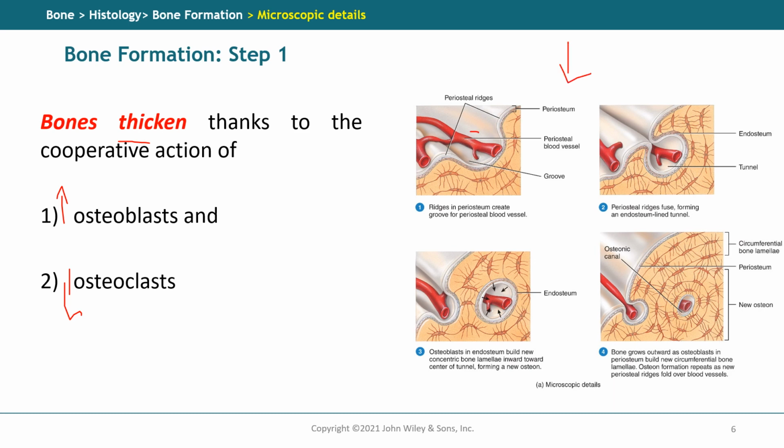This blood vessel that you see here is going to go inside of the bone and become a new central canal, and that section is going to form an osteon, and you will need to form new circumferential bone lamella that will allow the bone to grow outwards.